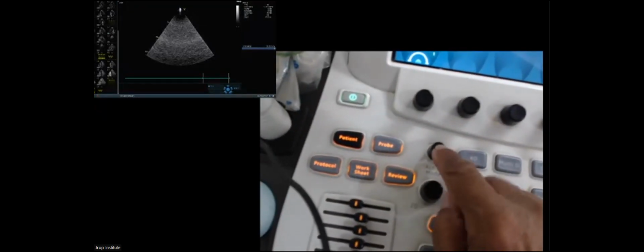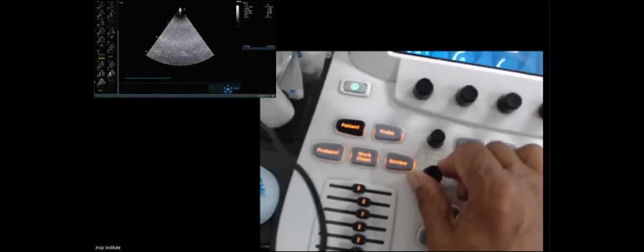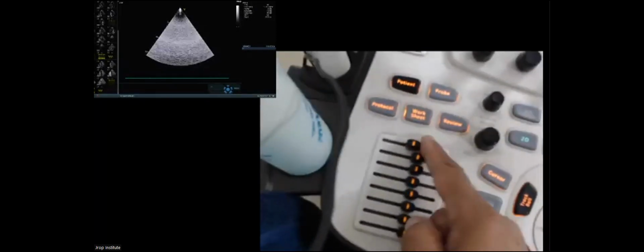Second button is, you look at 2D and an active mode. What do you mean by 2D? We have to increase the gain of the 2D. So I'm going to increase the gain. There's a generalized increase in the gain of 2D. At the same time, there's a word TGCs, time gain compensations. And if you look at the screen very carefully, if I'm reducing the top buttons, the proximal gains are reduced to a large extent.